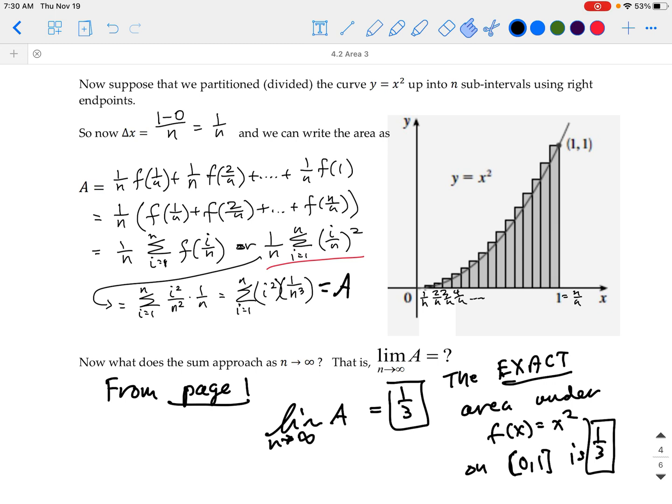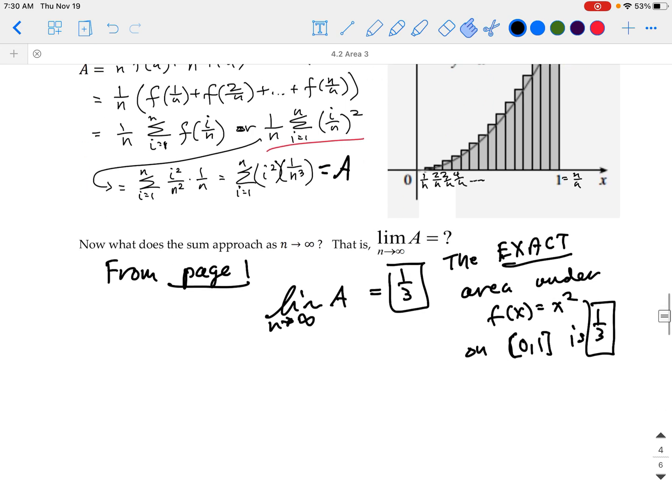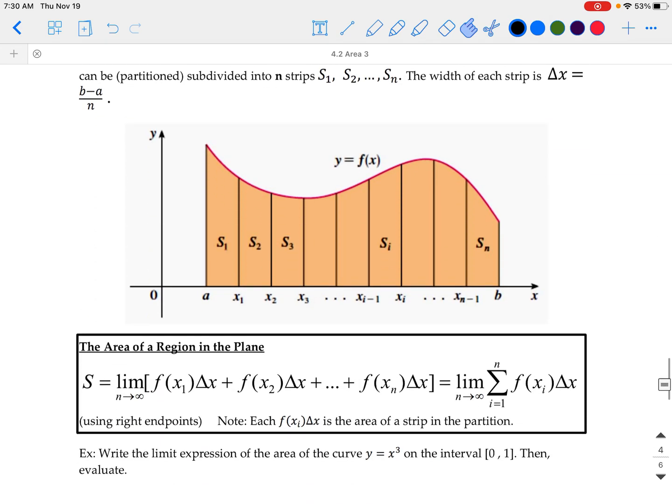And what we call this limit that we're taking here is again called the limit of a Riemann sum.